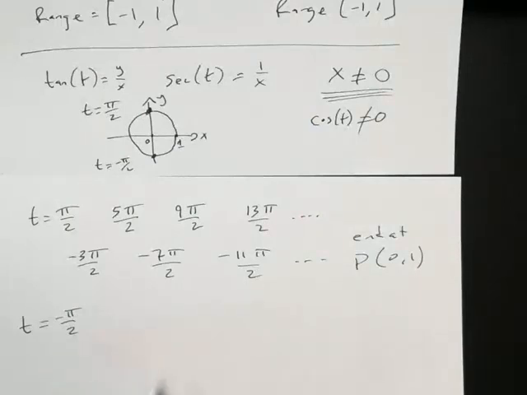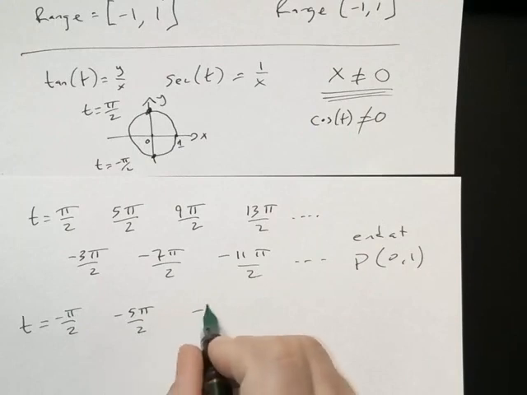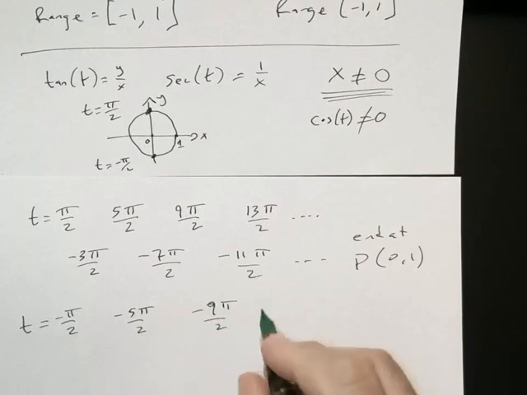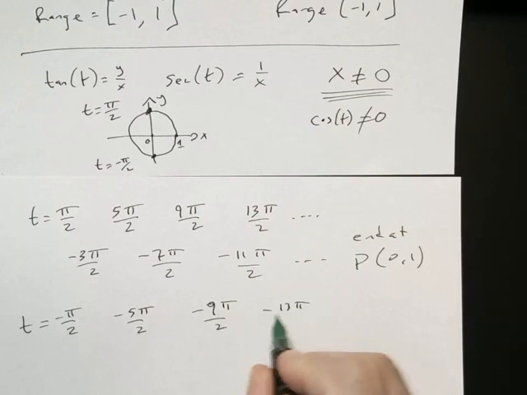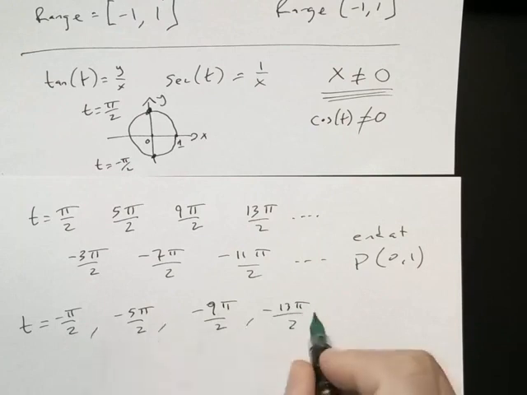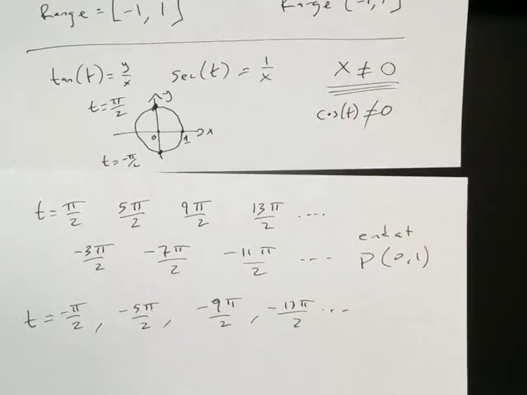Notice that if I subtract, I get the same numbers as in that top list, but they're negative.